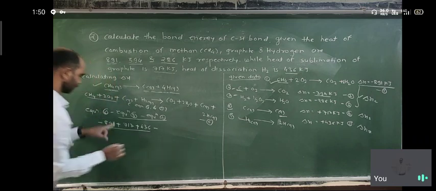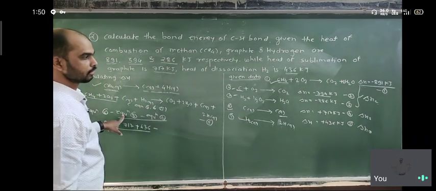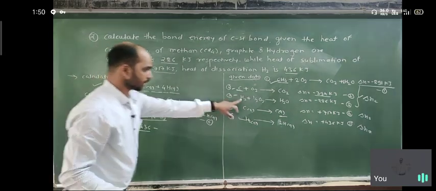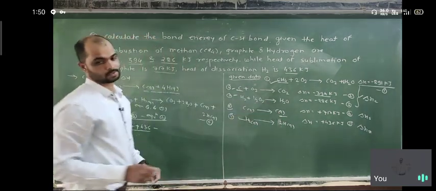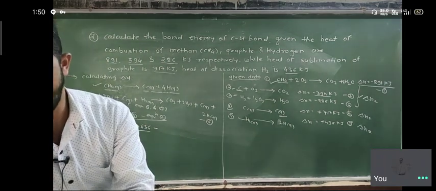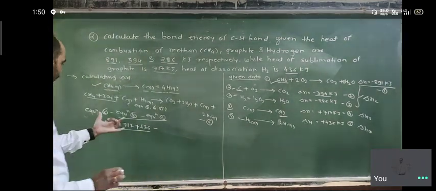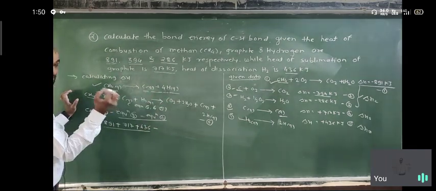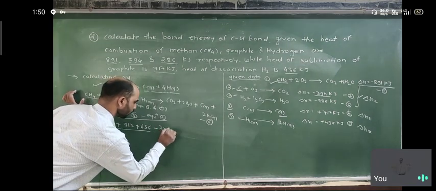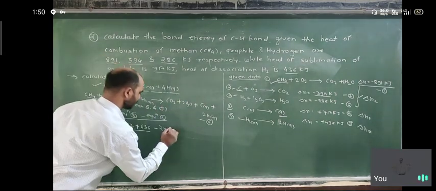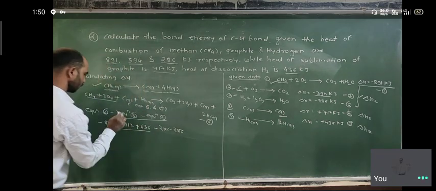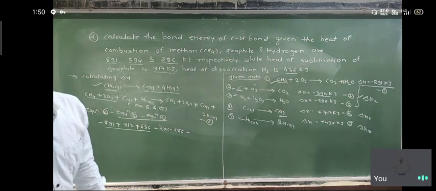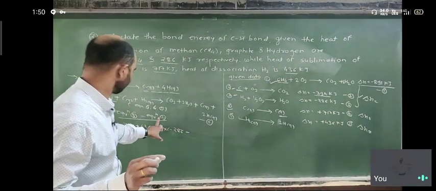Minus equation 3: what is the value? Equation 3 has value minus 286 for H2 into H2O. In the given reaction there is twice H, so two H2 molecules are used. So here 2 into minus 286. Then equation number 2 is given.